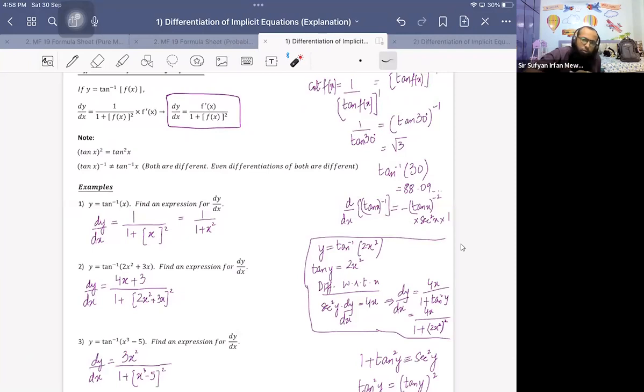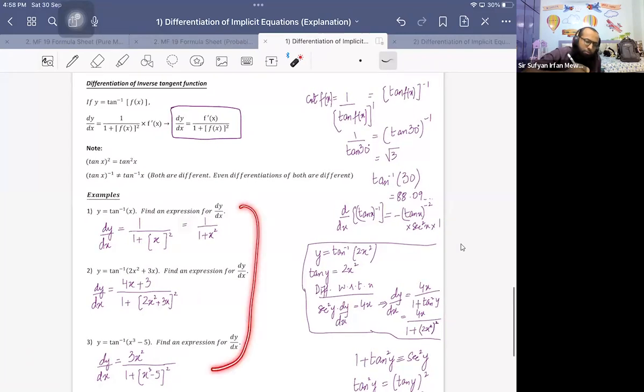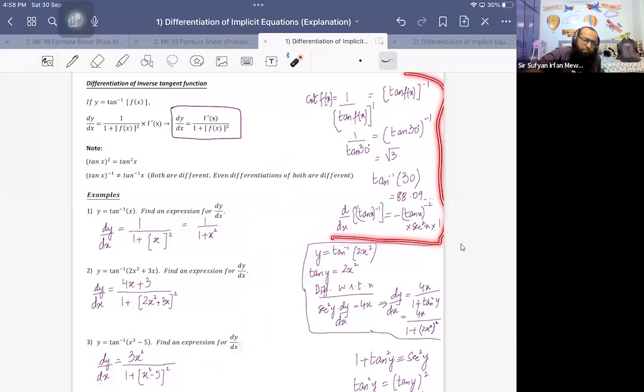Copy it as well. Copy it down as well. Copy these three examples. Copy this. This is yet to be done. So you can copy till here.